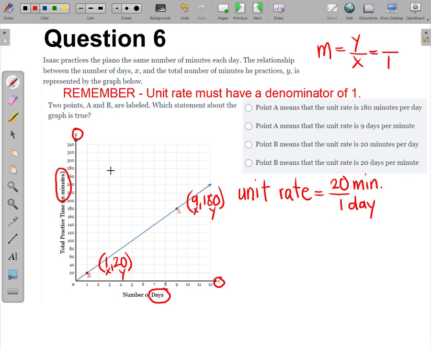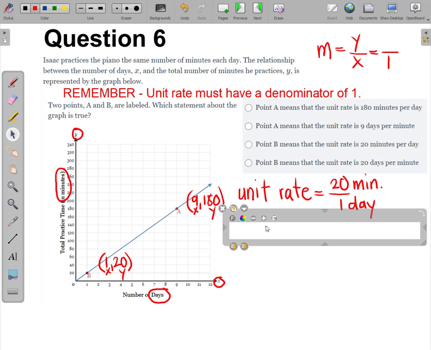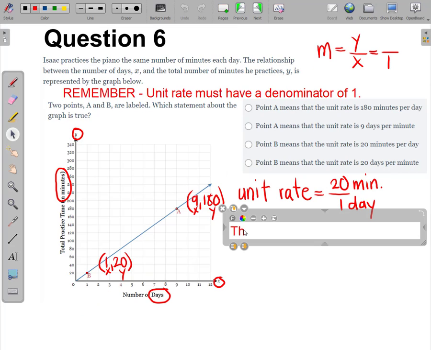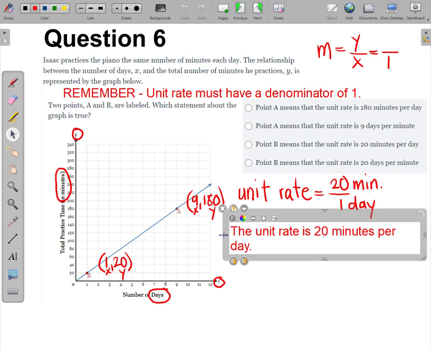Now I'm going to do that same thing, but I'm going to write a sentence with it. The unit rate is 20 minutes per day, period. And that's it.